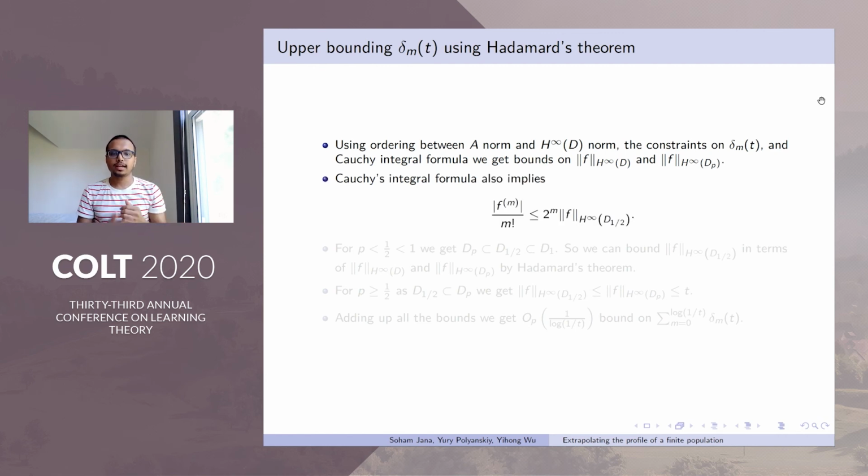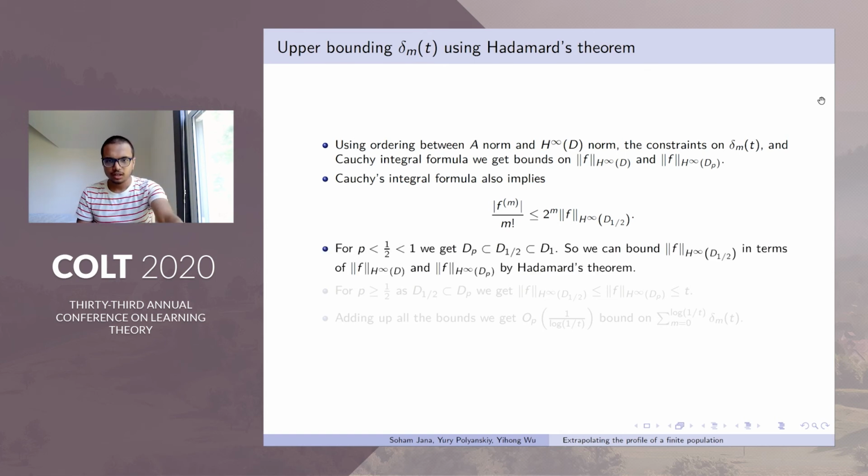We also note that the objective function can be bounded by the sup norm of f over the Horde disk d half. When p is smaller than half, then we get the required inclusion of Horde disks that we want for applying Hadamard's three-line theorem.